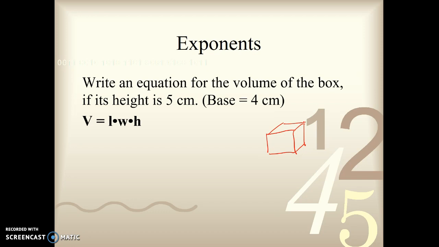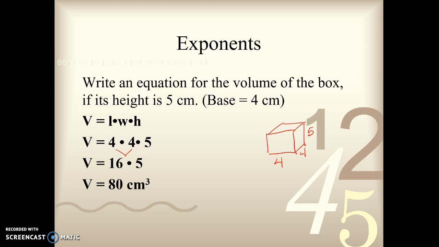The base is 4 centimeters by 4 centimeters, but the height is 5. Okay, so let's substitute in some values. The volume equals 4 times 4 times 5. If we solve that, volume equals 16 times 5, which equals 80 centimeters cubed.